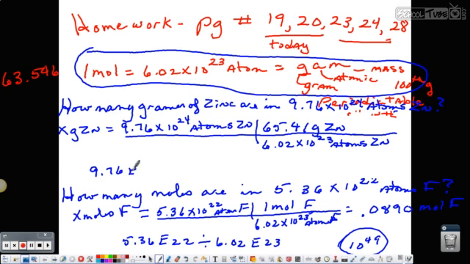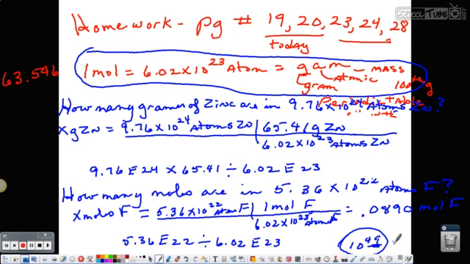9.76 E24 times 65.41 divided by 6.02 E23. Again, if you get a big exponent, if your exponent's much bigger than 23, 24, 25, you have put it in your calculator wrong.